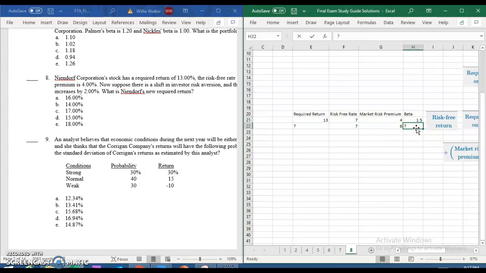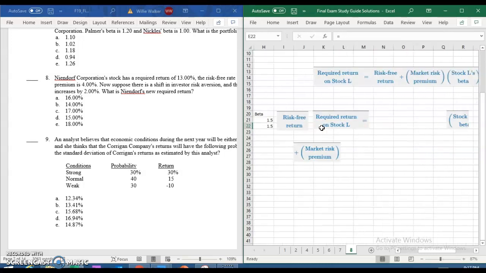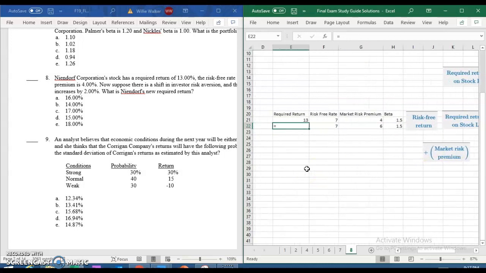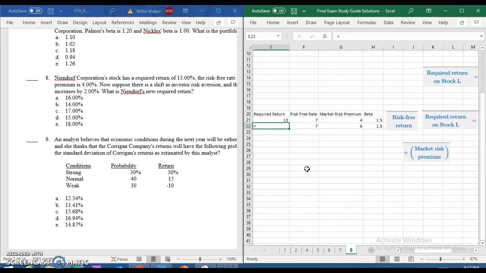Now we can input our beta into our new equation given the new risk aversion, right, according to the problem. And now we can calculate our new required return with our original formula, which is here. All right. So now, let me move this over.